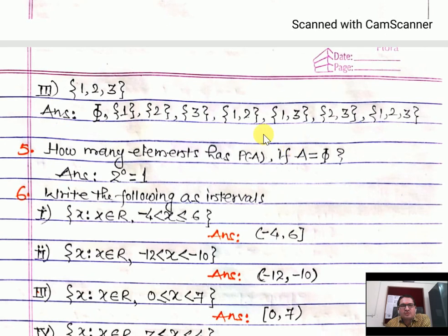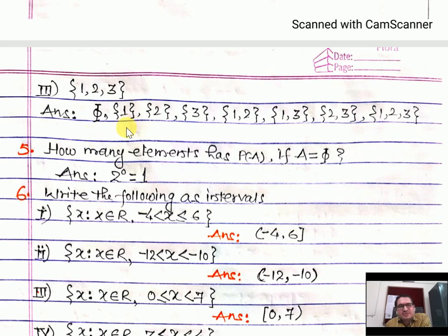Now the third, {1, 2, 3}: ∅ is a subset of this, {1} is a subset of this, {2} is a subset of this, {3} is a subset of this, and then again {1, 2} is a subset of this. Okay, then {1, 3} is a subset of this, then {2, 3} is a subset of this, and then {1, 2, 3} is a subset of this. So total will be 1, 2, 3, 4, 5, 6, 7, 8.